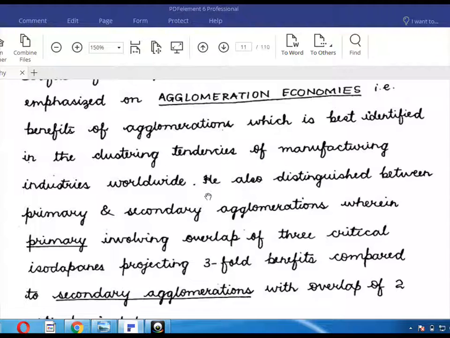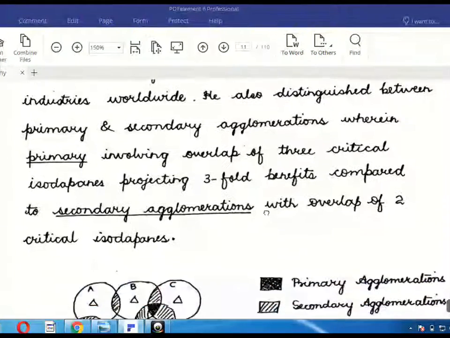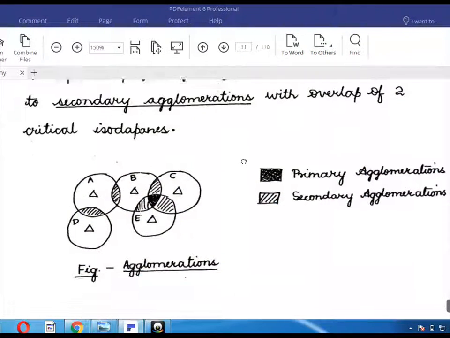He also distinguished between primary and secondary agglomeration, wherein primary involves overlap with three critical isotopes projecting threefold benefits, compared to secondary agglomeration which developed two critical isotopes.